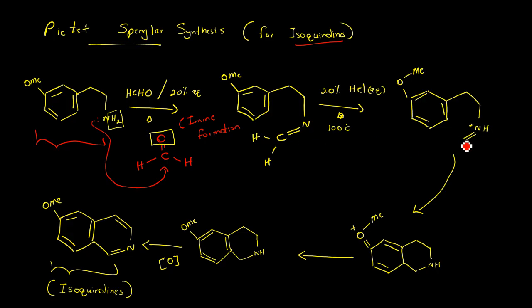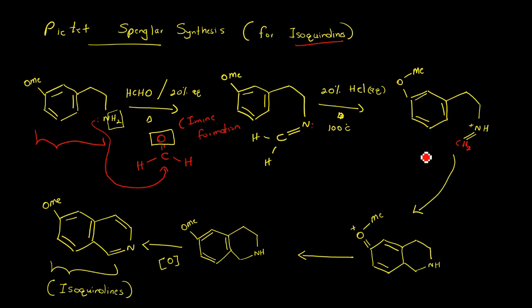So there is this carbon, CH2, and due to the hydrogen attachment, the nitrogen has gained a positive charge. Initially it has a lone pair, so it's in a neutral form. Now the hydrogen is being bonded to the nitrogen, and the nitrogen has obtained a positive charge.